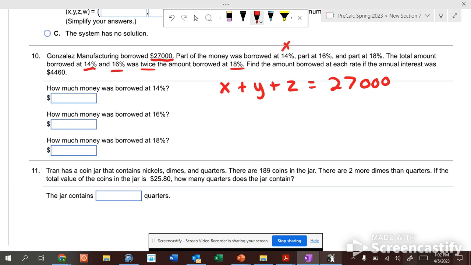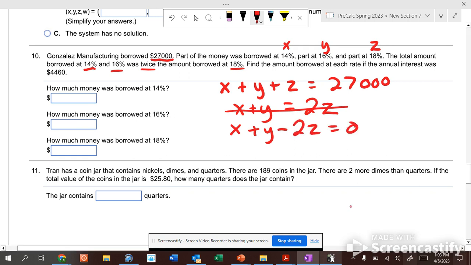Well, if 14 is x, 16 is y, and 18 is z, then x plus y equals twice the amount at z. The total amount at x and y was twice what z was. So if you want them to be equal, you take 2 times z. So it becomes x plus y minus 2z equals 0.